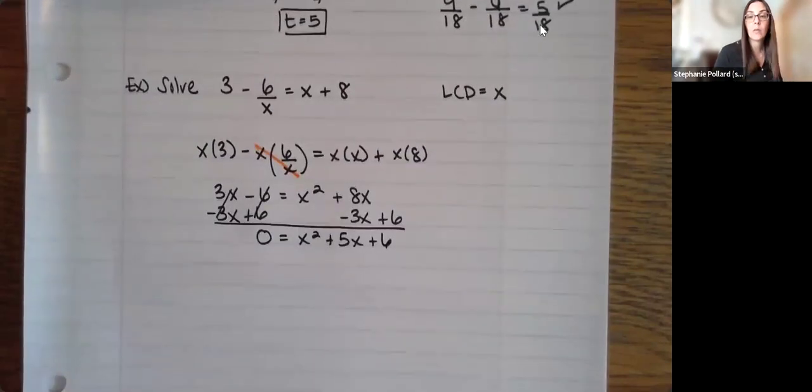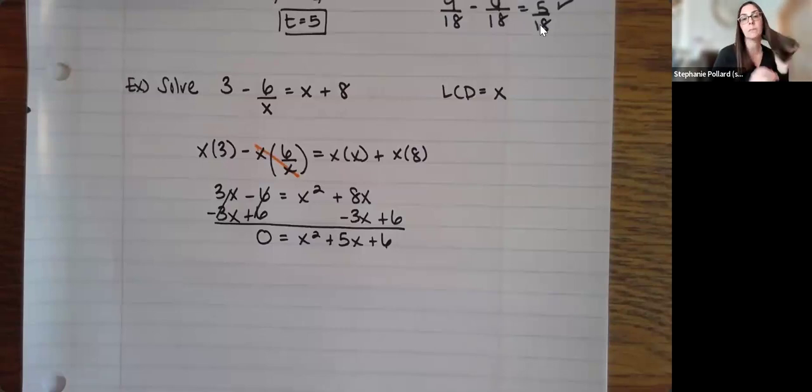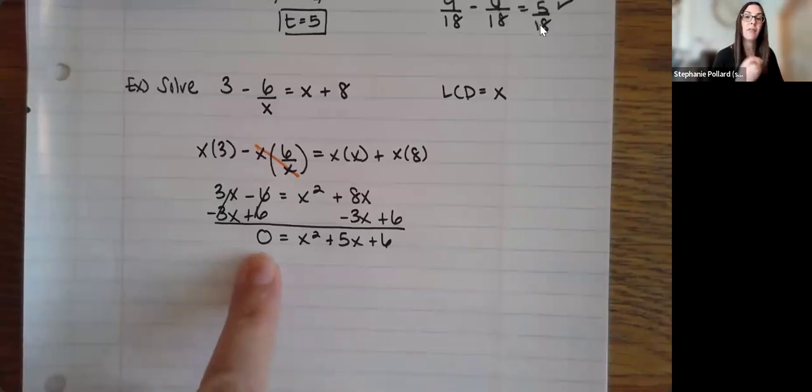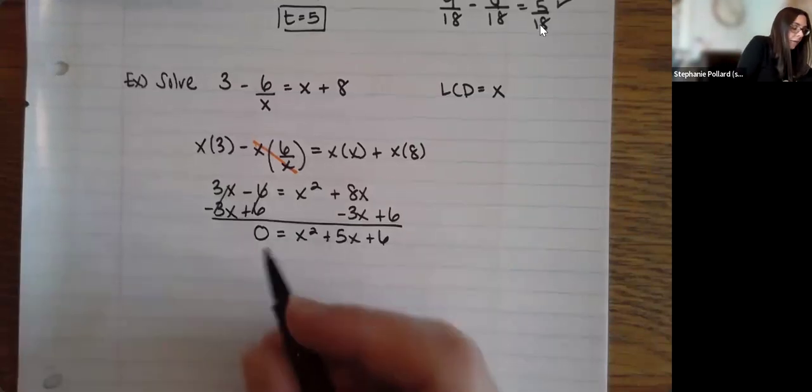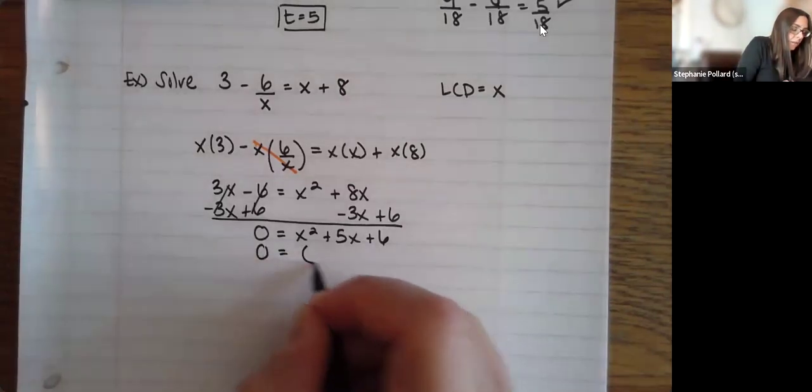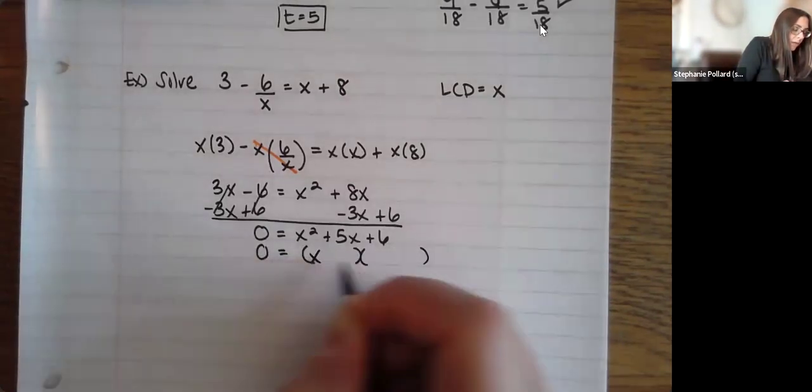Now you're going to notice that we do have a quadratic here, meaning you have a square. So the way we've been solving these, there's lots of ways to solve them. So again, you're welcome to use different strategies, but this one here is going to be factorable. So notice that it's equal to 0 to start, and I can factor the right side. Again, if you need to review how to factor, you can go back and watch some of those videos.